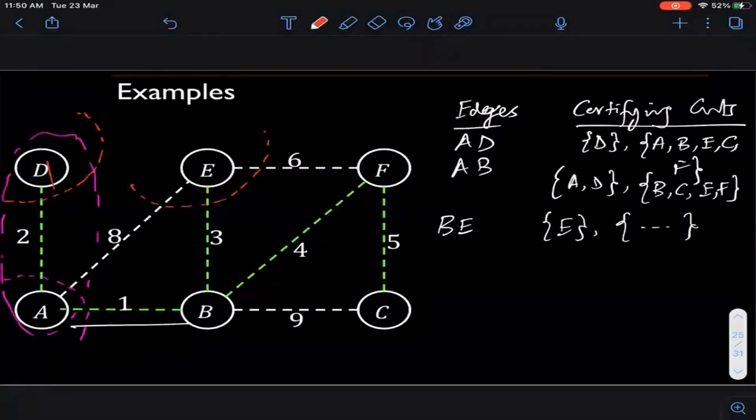But anyway, so BF is certified by this cut. Okay, it might be certified by some other cut as well. I don't know. Yeah. In fact, if I take FC, that also certifies the edge FB.